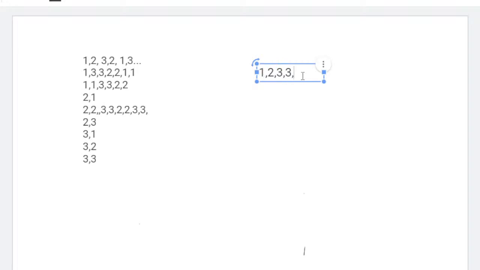No, this cannot be 3. This has to be 2 because 1 and 2 are different. So 3 and this one have to be different. And naturally, 1 will come after this. So it'll come 1, 2, 3. I'm convinced that this algorithm has to work.